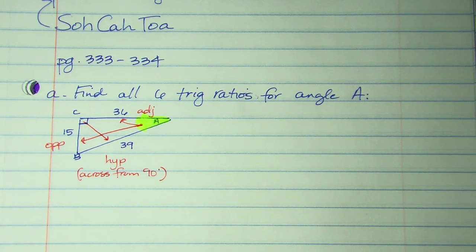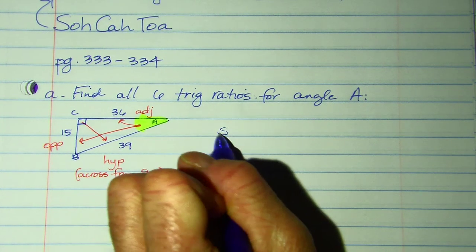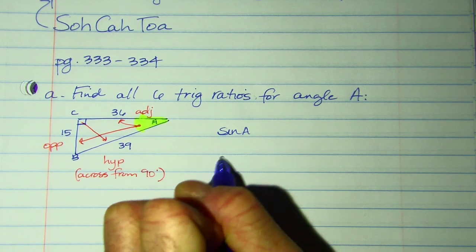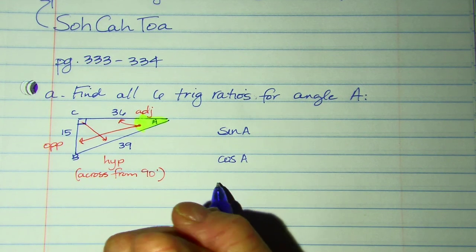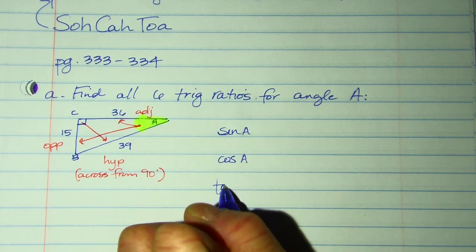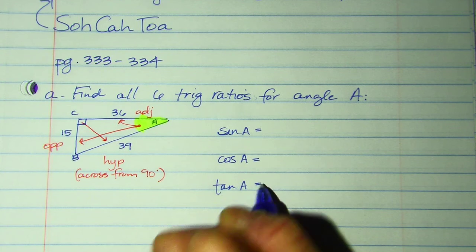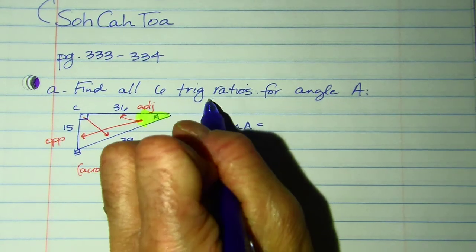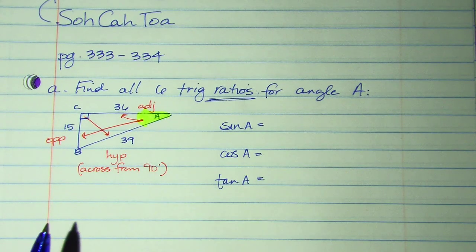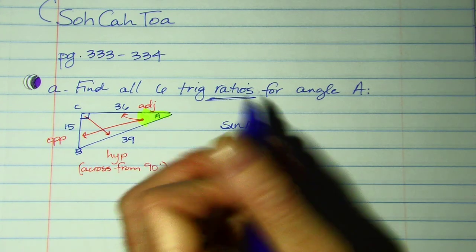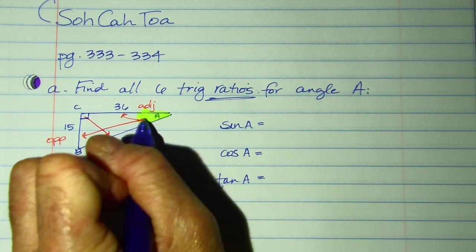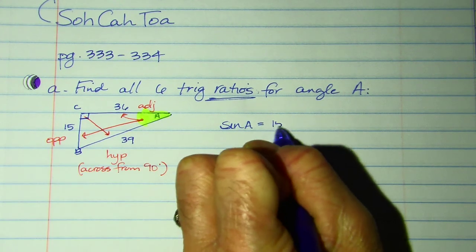So based on that, I'm going to find the sine of angle A, the cosine of angle A, and the tangent of angle A. All they want us to do is write the ratios, so I should just have fractions. I'm also going to show you how to convert those to decimals because the book has you do both. So the sine of angle A would be opposite, which would be 15, right?